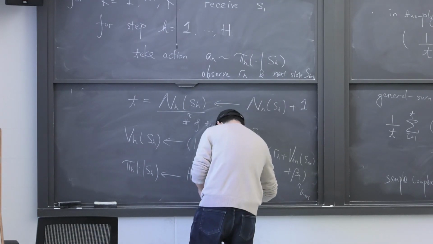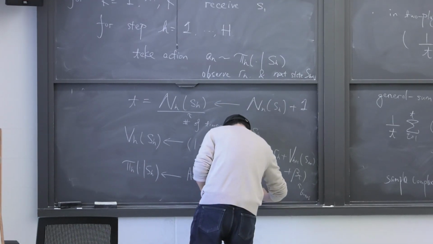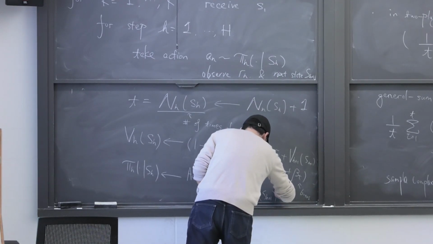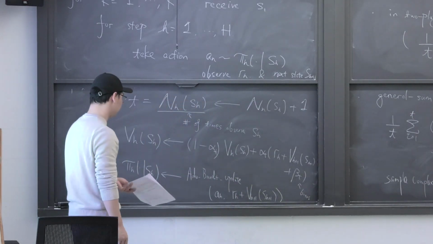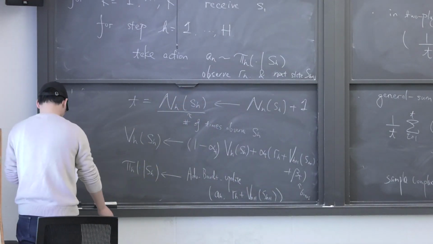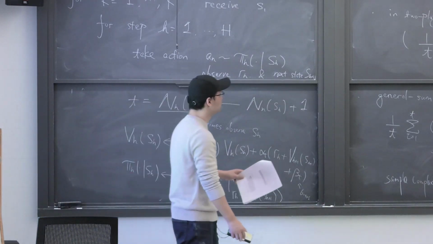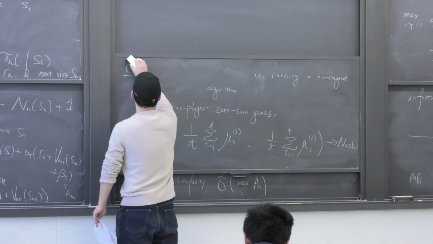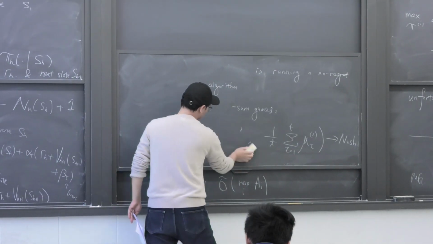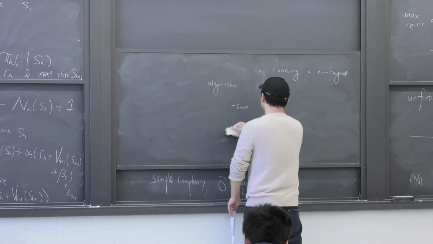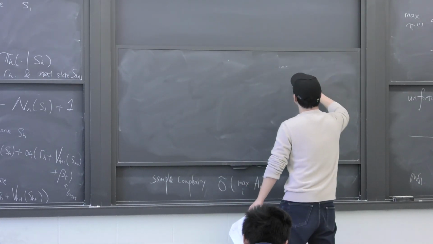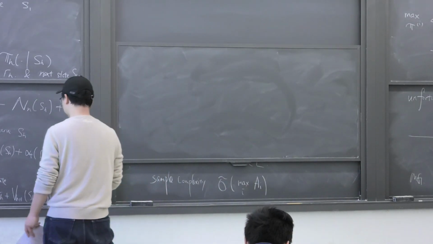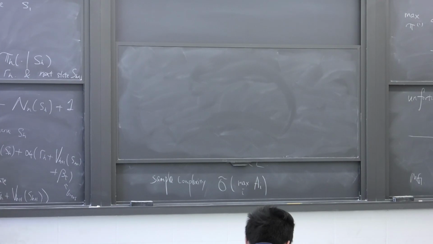It is something like rh plus Vh+1(sh+1). So basically this step is the key step here.